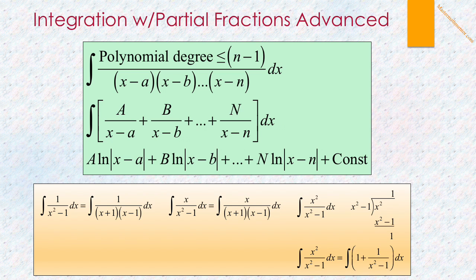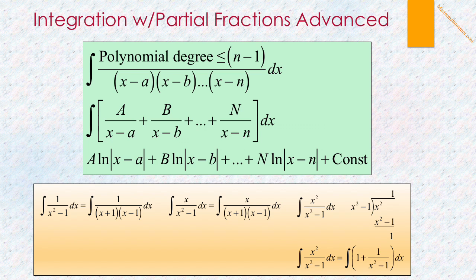We broke these up using partial fractions and the Heaviside technique to create the integral of A over x minus a plus B over x minus b plus, plus N over x minus n dx. And the integration was simple, getting A natural log absolute value of x minus a plus B natural log absolute value of x minus b plus, plus N natural log absolute value x minus n plus a constant.